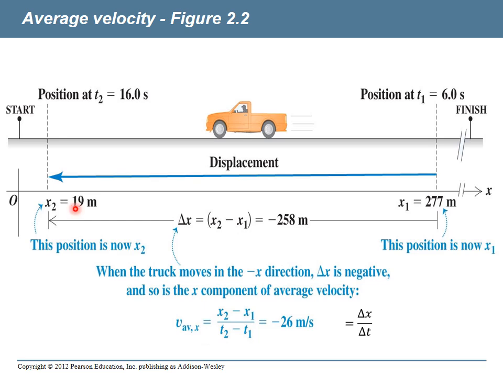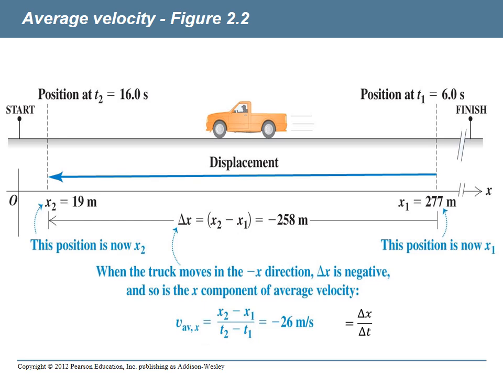Oops, sorry, x2 is 19, x1 is 277, so x2 minus x1 is negative 258 meters. The time it takes is t2, 16 seconds, minus t1, which is 6 seconds. So t2 minus t1 is 10 seconds. So delta x divided by delta t leaves us with negative 25.8 meters per second, or we round this to negative 26 meters per second. This can also be written as delta x divided by delta t.